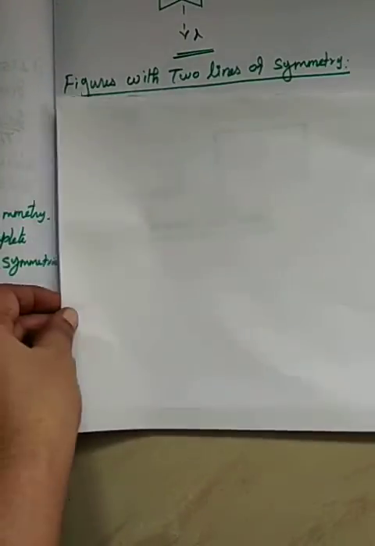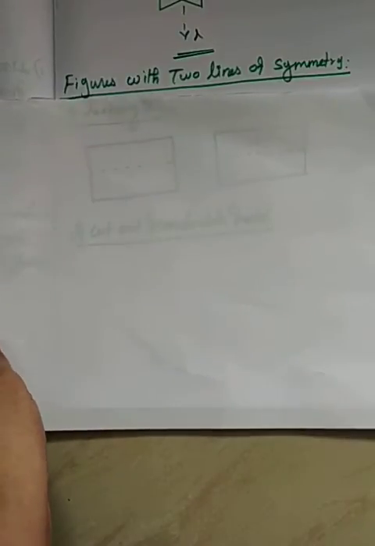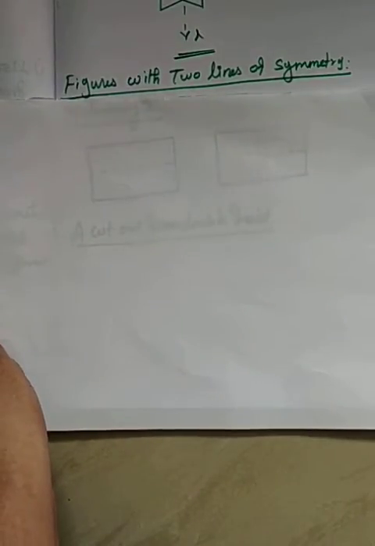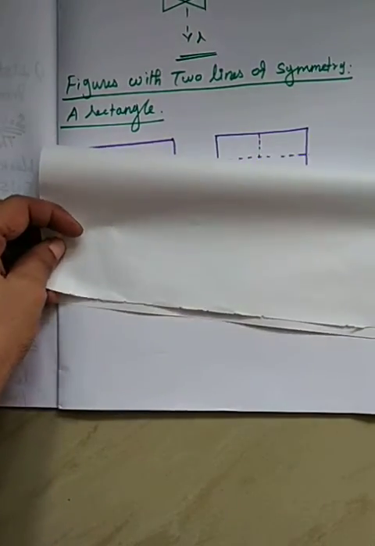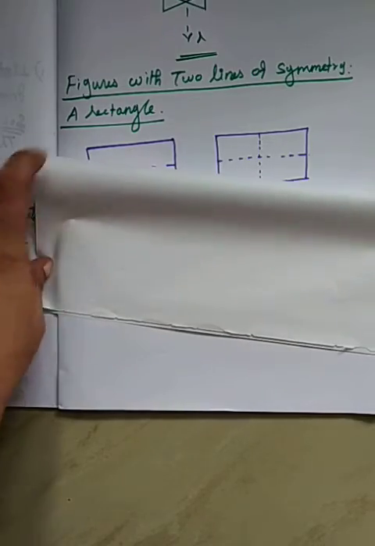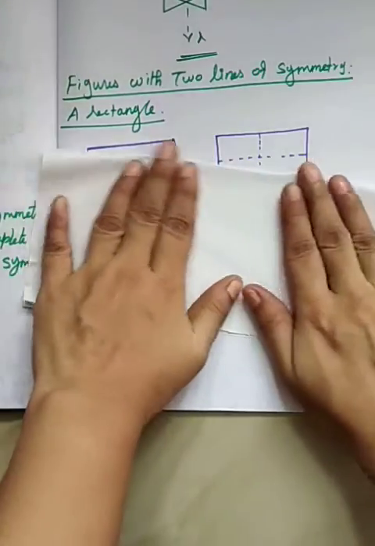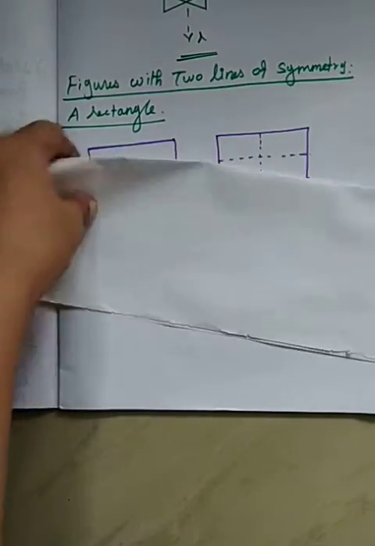Okay. I have to take a rectangular piece of paper. Fold it once. Okay. And then once more. See here.